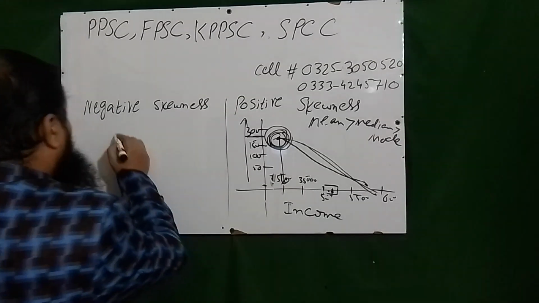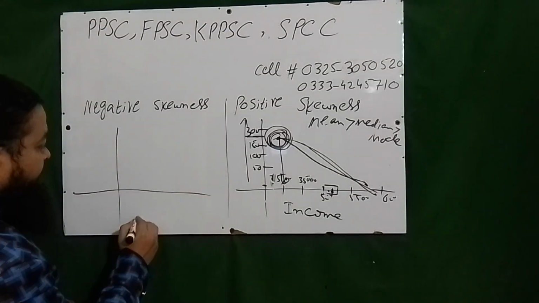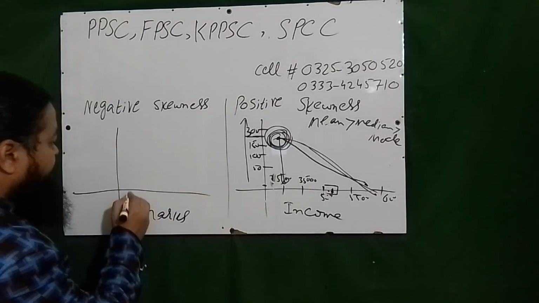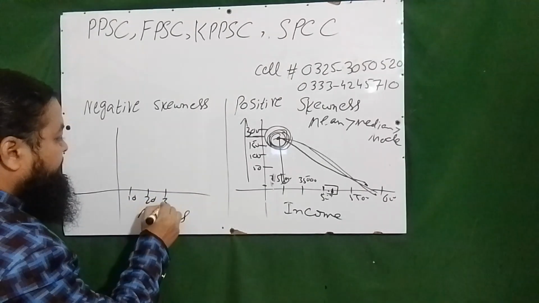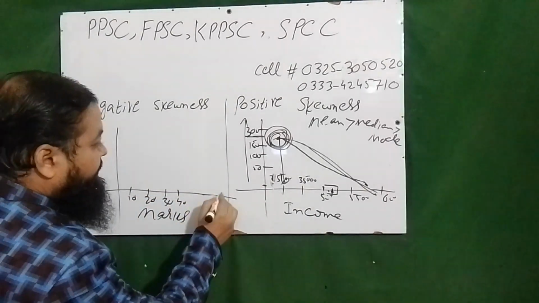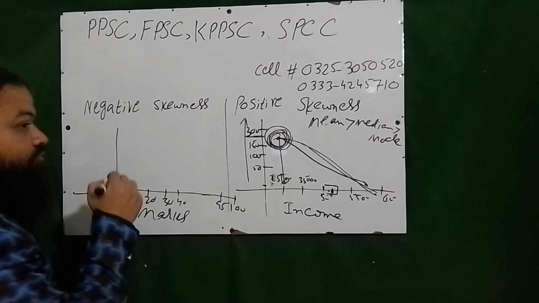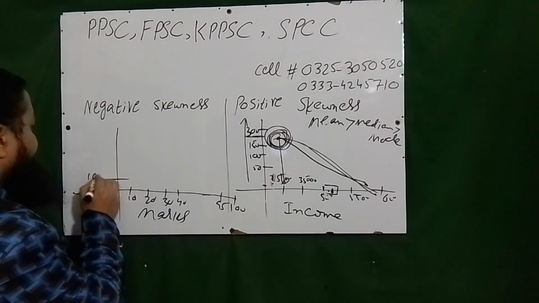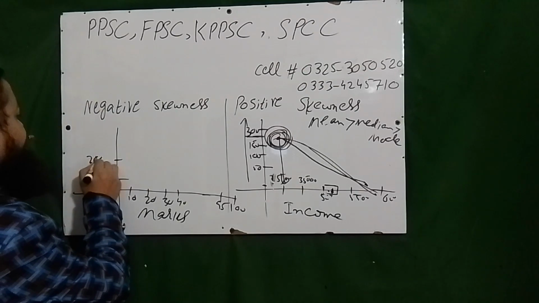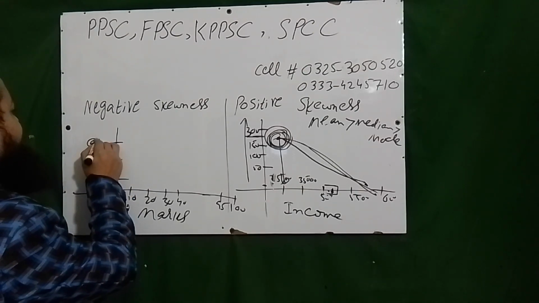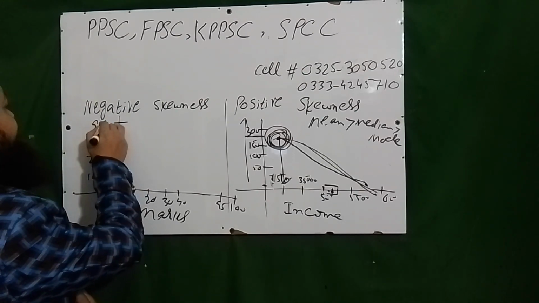I will give you the example. Here we have the marks: 10, 20, 30, 40, and so on up to 95 and 100. And there are students who appeared in the test: 1000, for example 2000, 5000, 9000.